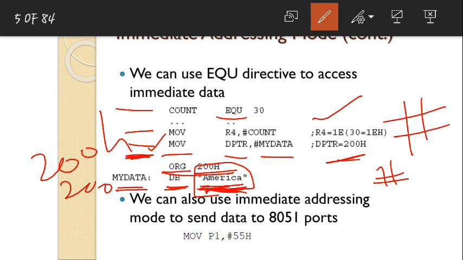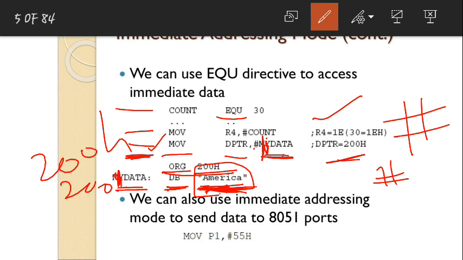And always remember this label, if I write it here, then only that ASCII character whatever you have defined, here America, that will move into DPTR. If instead of writing my data, you write only data here, there is no my, only data, that means here also you should write that label itself, you shouldn't write this my, only data. So that means for this label you are defining this byte whatever you wanted to write, and that will move into this so and so location wherever you wanted to move.